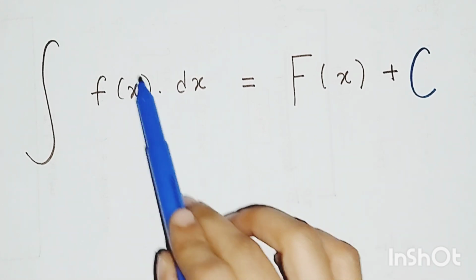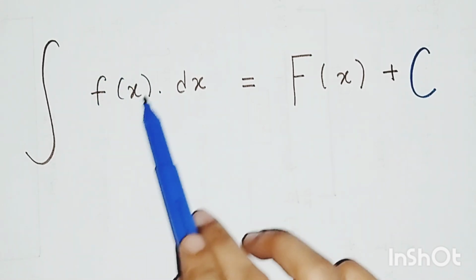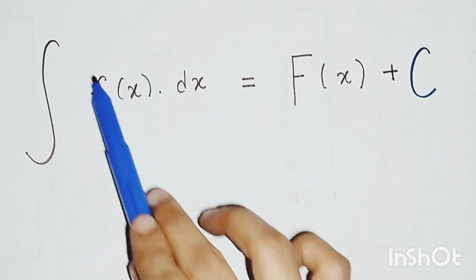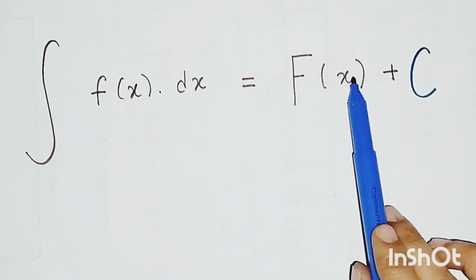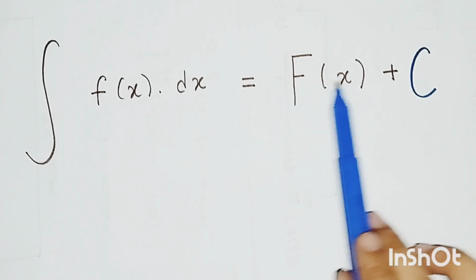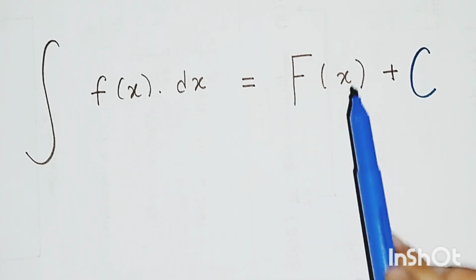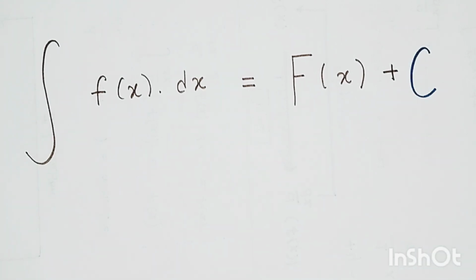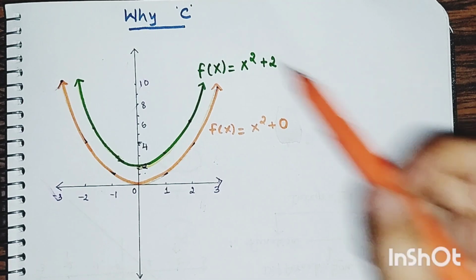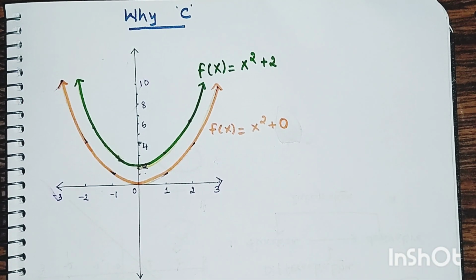So this part will be given to us, what do we call this? The derivative. And we will integrate that derivative part. We will get the original function or the antiderivative or the integral, and after that we will always add the constant c. Now it's time to understand why the constant c is added.